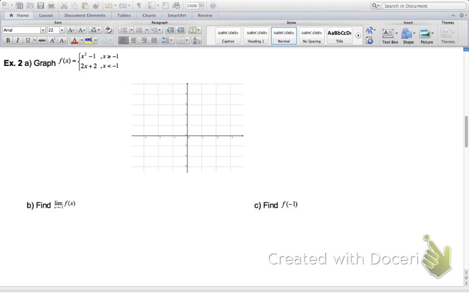So for x squared minus 1, we know this is just a parabola that's been translated 1 down. So we know our parabola is going to have our points using our step pattern. You always start with your vertex, which is at (0, -1), over 1, up 1.